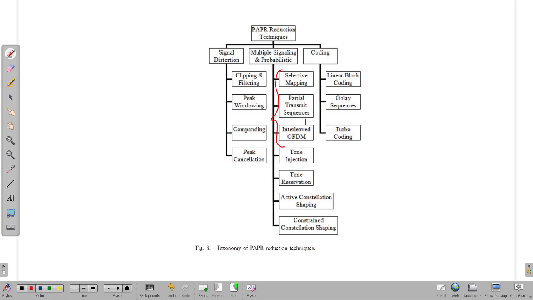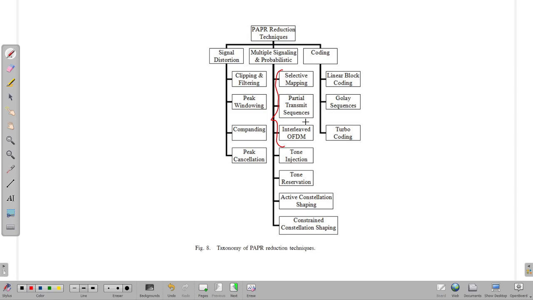Such information has to be sent along with the OFDM signal. And this results in reduction of data rate because we are using overhead bits. We want to send these overhead bits after every OFDM block transmission.